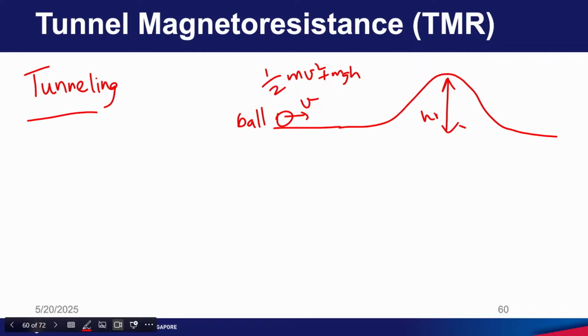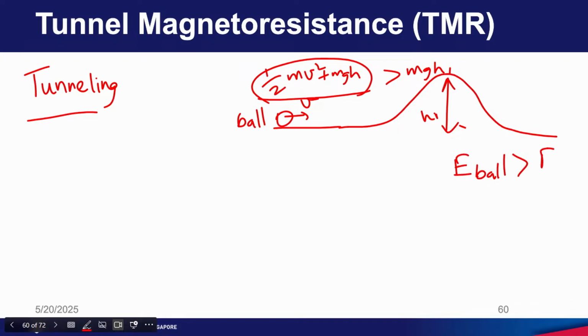If the half mv square plus mgh of the ball is more than the potential energy mgh1 of this barrier, we know that the ball will cross, right. So, the energy of the ball is greater than the energy of the barrier, the ball will cross.